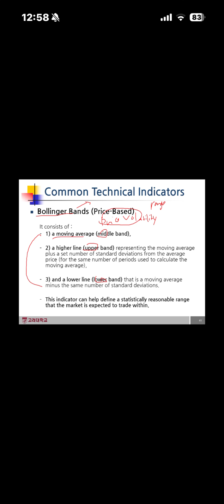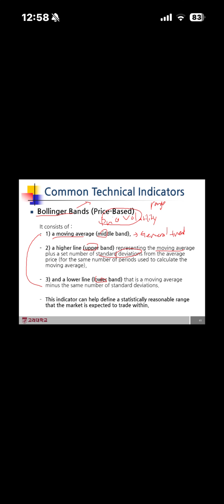This moving average represents the general trend of the market. Then there is the upper band, calculated by taking the moving average and adding a certain number of standard deviations.